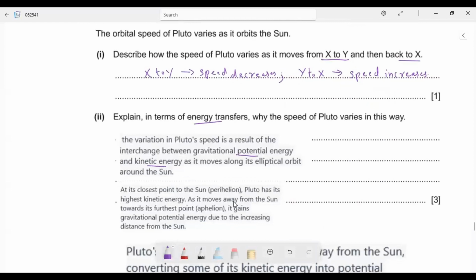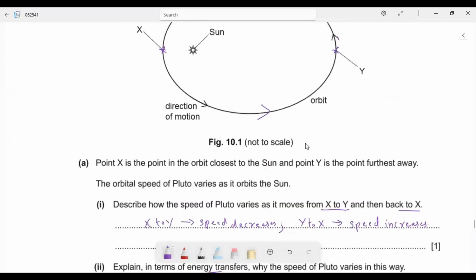When the point is closest to Sun, Pluto will be having high kinetic energy. And that means at point X, kinetic energy will be more. And at point Y, gravitational potential energy will be more. As kinetic energy is more, it will be faster. Speed will be more. Here, potential energy is more means speed will reduce.